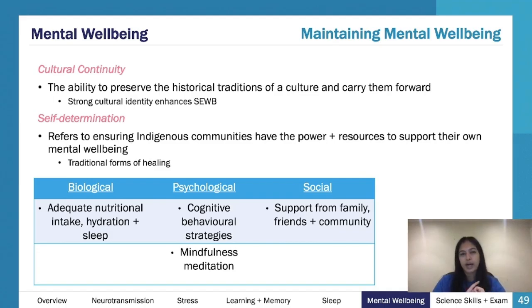Mindfulness meditation, I'm sure you guys are pretty aware of this. I feel like they do it a lot in school. But mindfulness is basically focusing your awareness on the present moment, being very in tune while you're doing the meditation practice, of the emotions that you're going through. Often you focus on breathing or you do a body scan, that sort of thing.